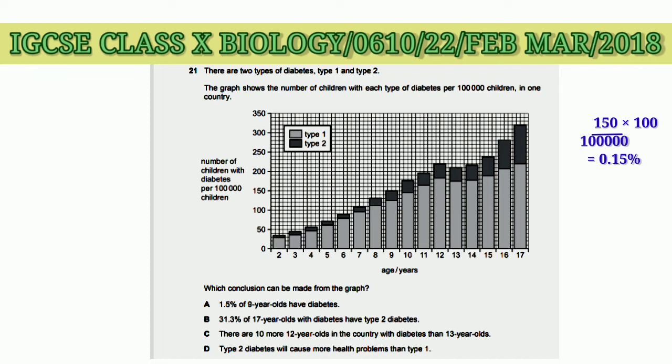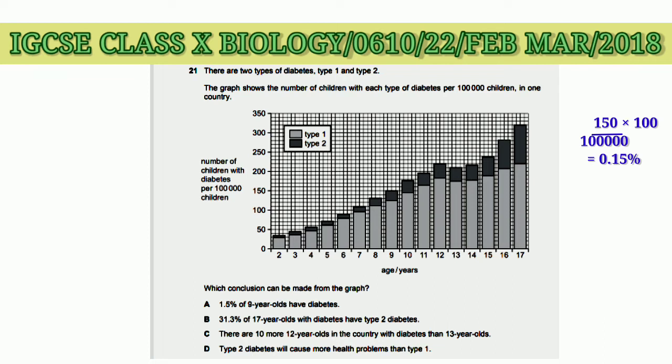31.3% of 17-year-olds with diabetes have type 2 diabetes. The percentage that we have to find here is different from the first one. Here in 17-year-olds, of the total children having diabetes, what is the percentage of children having type 2 diabetes?